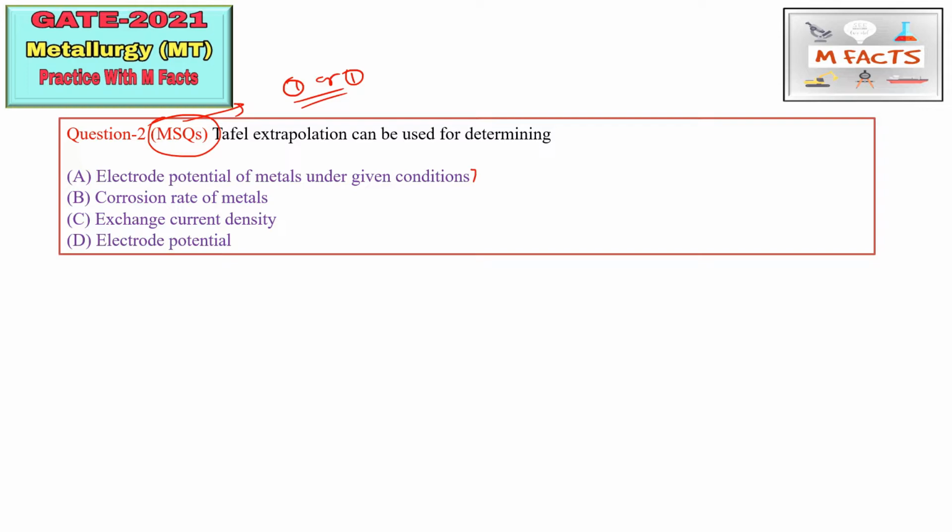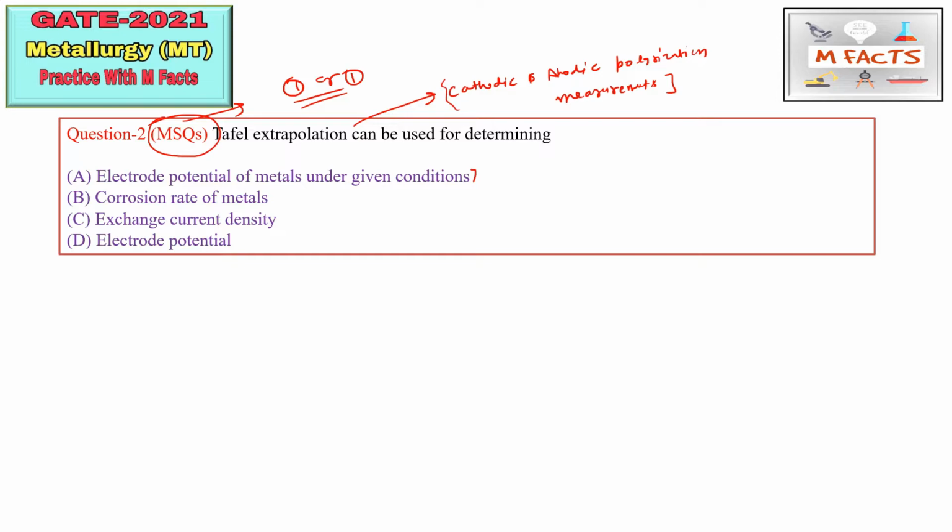Tafel extrapolation basically utilizes cathodic and anodic polarization measurement. This is a very vast topic, so I will try to cover it in a separate video about Tafel extrapolation.